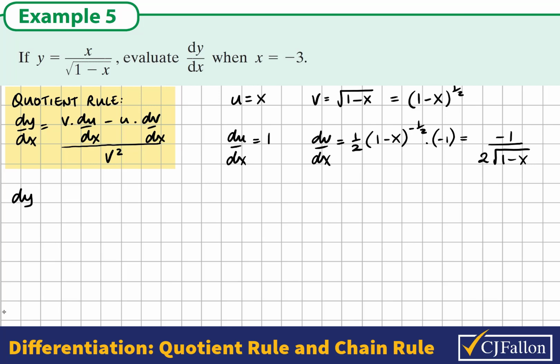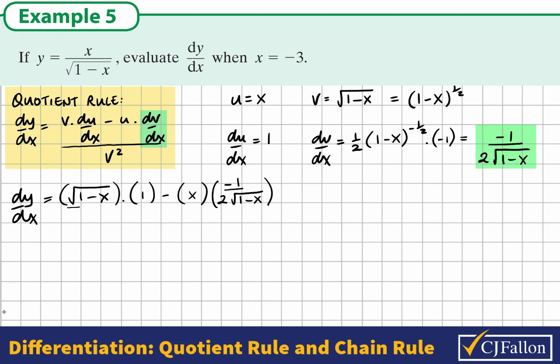Now we have each of the terms that we want to put into our quotient rule formula. So dy/dx is v, which is the square root of 1 minus x, times du/dx, which is 1, minus u, which is x, multiplied by dv/dx, which is negative 1 over 2 times the square root of 1 minus x.